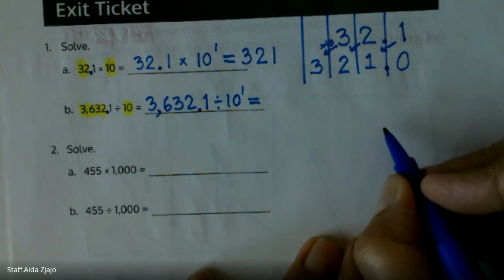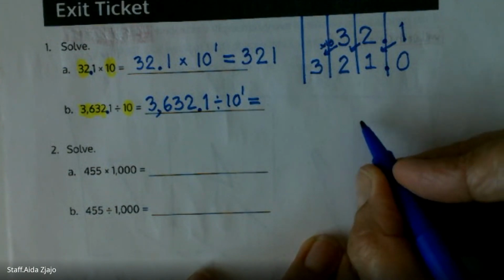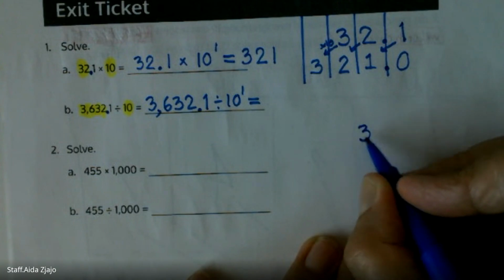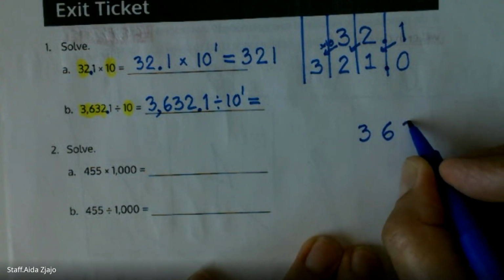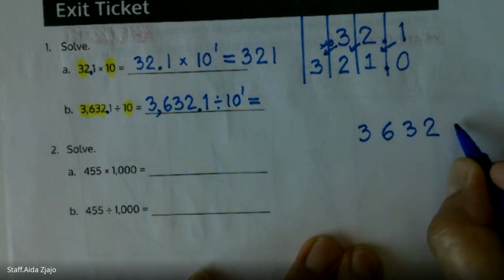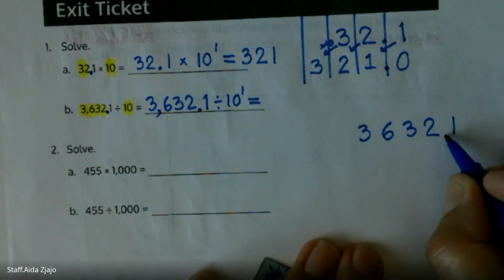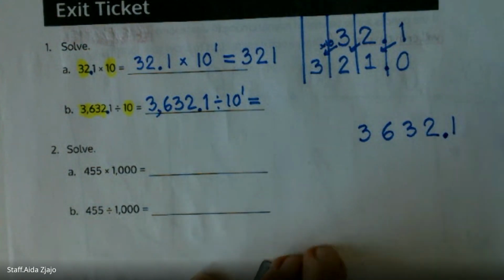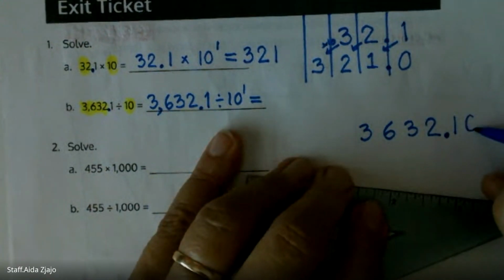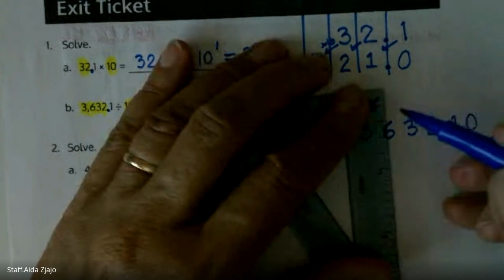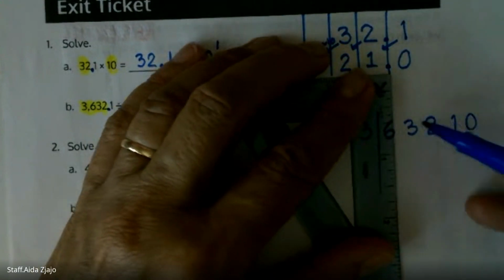So I make this 3, 6, 3, 2, 1, and then the decimal point. I can add a 0 here if I want, and I'm going to draw lines in between.